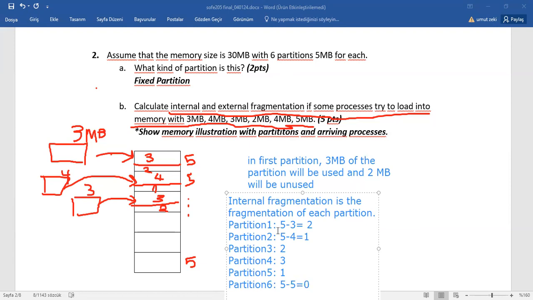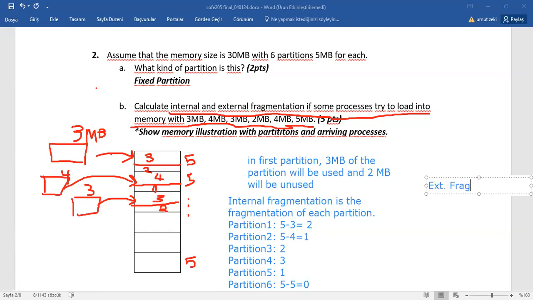Okay. So this is internal fragmentation. But it is asking us the external fragmentation as well. External fragmentation is the addition of these partitions. Okay. So you can say like that.